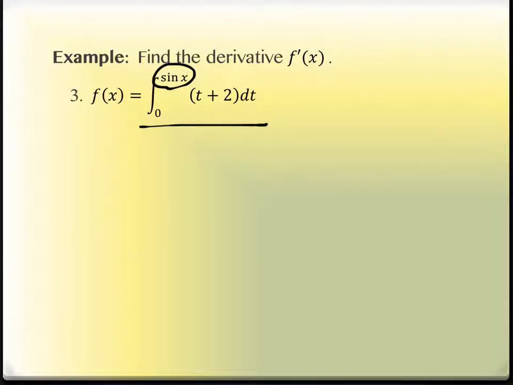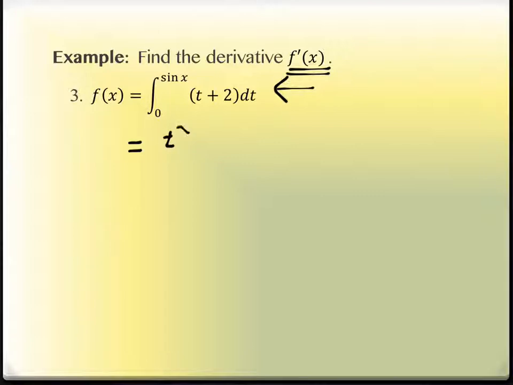That is going to change a little bit of what's going on. Let me show you why, and then we'll talk about, practically speaking, what you need to remember to do. So let's attempt to calculate this directly for what it is, and then we will take the derivative of it afterwards, okay? Right now we're just going to figure out what this is. So what's the antiderivative of t?